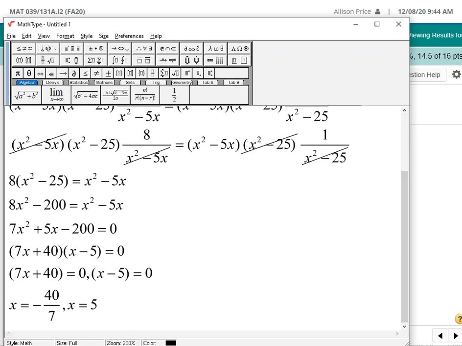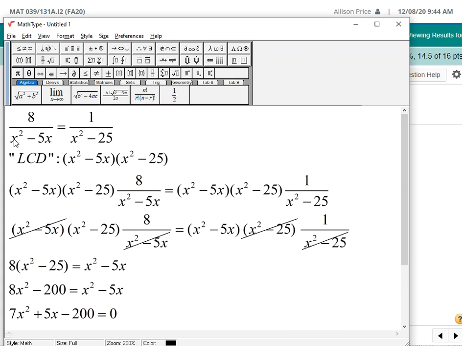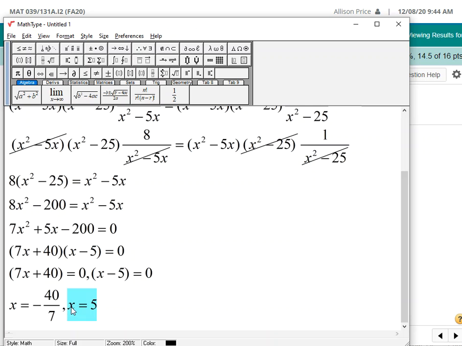I always need to check that my solutions are in the domain of the function, so they don't make the denominator 0. If I go back up to the original and plug 5 in, 5 squared minus 5 times 5, or 5 squared minus 25, either one of those is going to be 0, so this is not in the domain, and it's not allowed to be one of the solutions since it's going to make us divide by 0. That gives us just one solution to the equation.